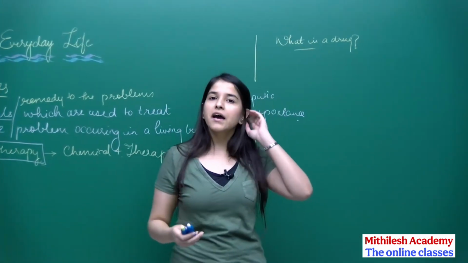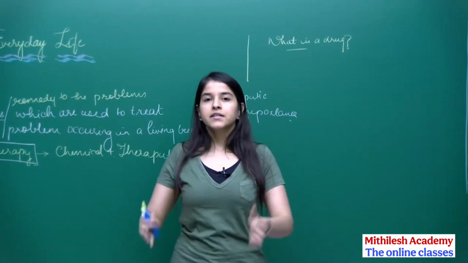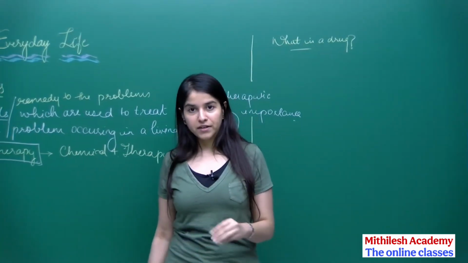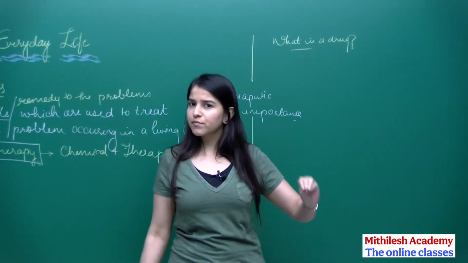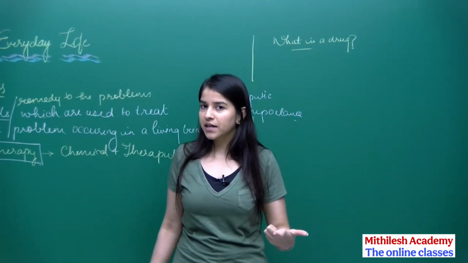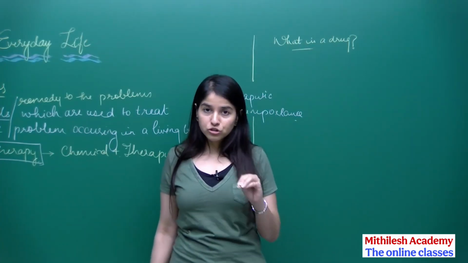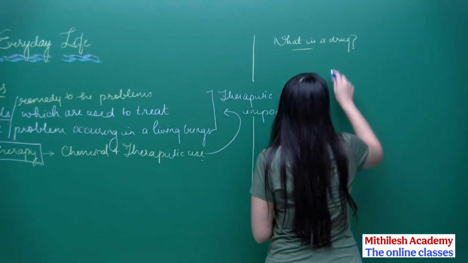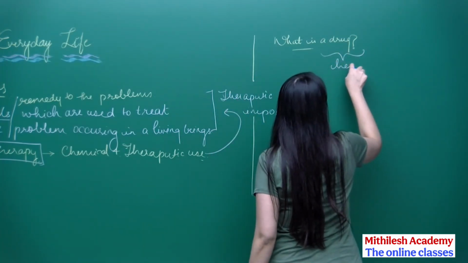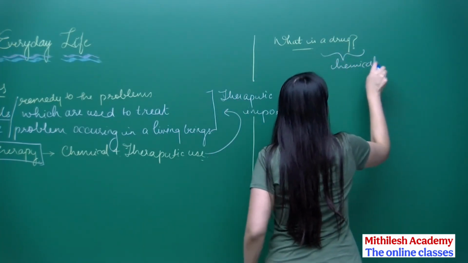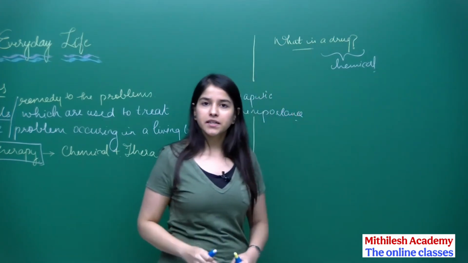A drug can have negative impacts, and it can have a positive impact. A drug is nothing but a chemical; it can be naturally occurring or man-made.